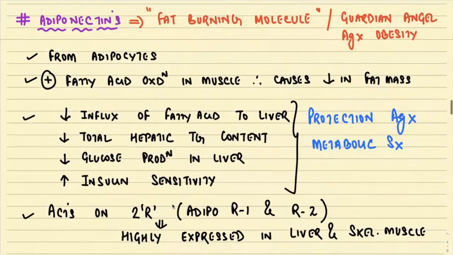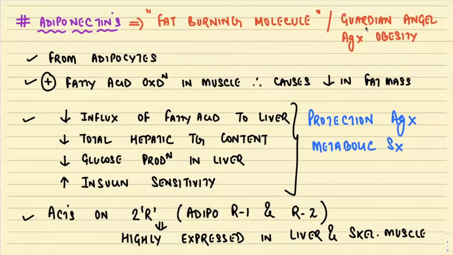Very important is the adiponectin. Adiponectin is called the guardian angel against obesity. It is the fat burning molecule. So remember these names. They are secreted from the adipocytes, and they stimulate fatty acid oxidation inside the muscles.